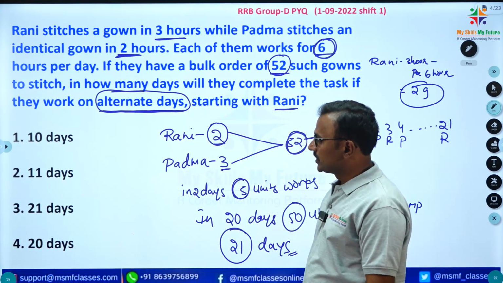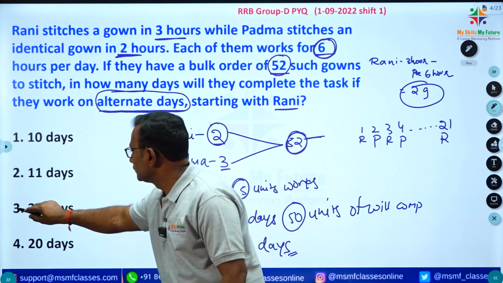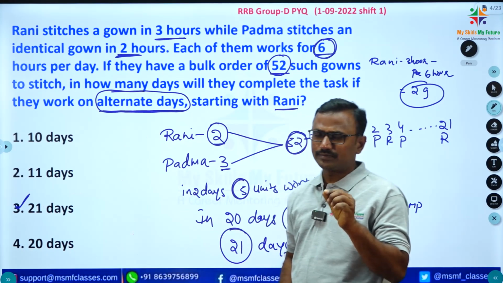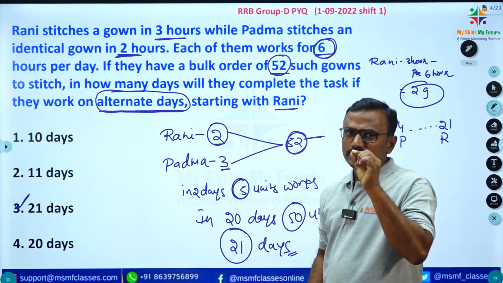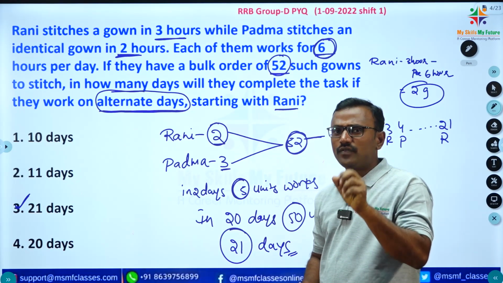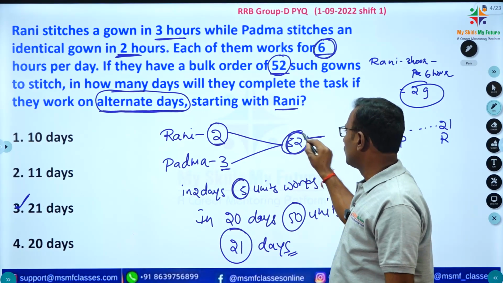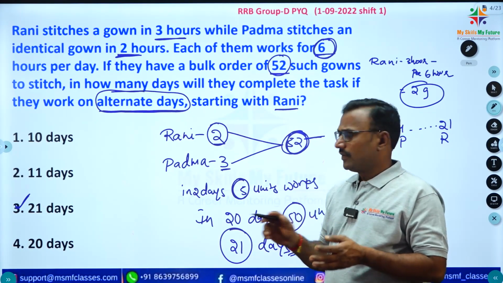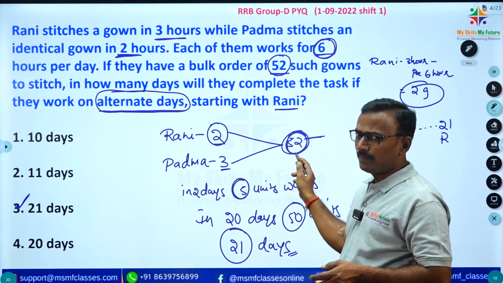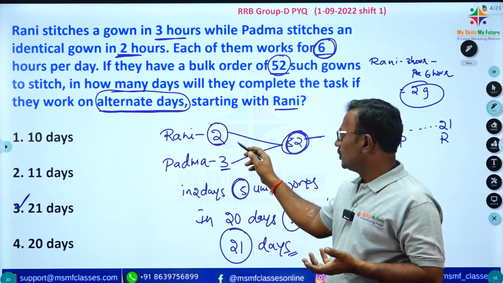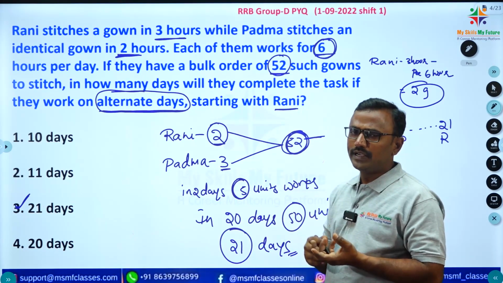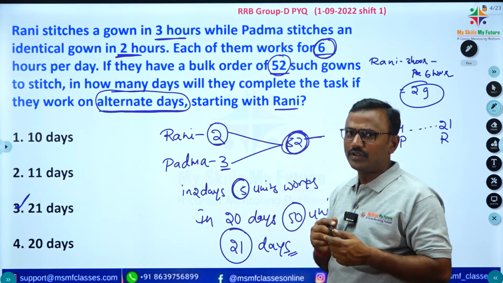So which option is there? Option 3. Simple logic: they will complete 5 units of work in 2 days, and they have a total of 52 units of work. 5 tens are 50, 2 tens are 20, so 20 days will be taken to complete 50 units of work.